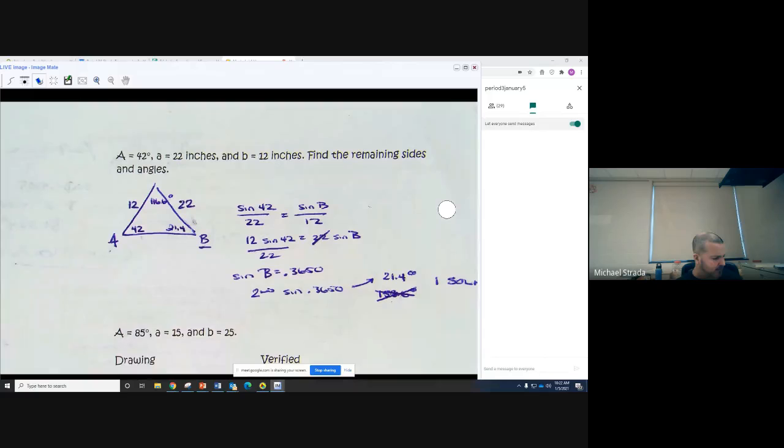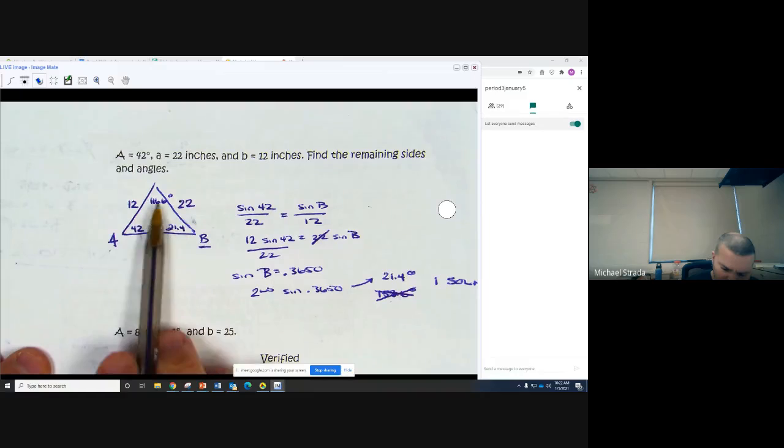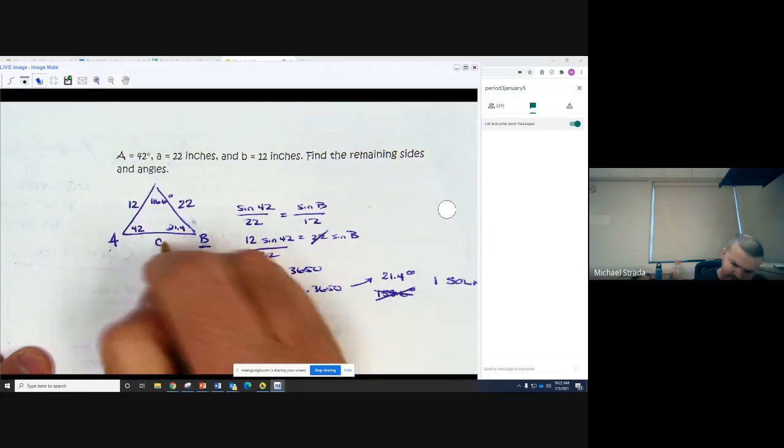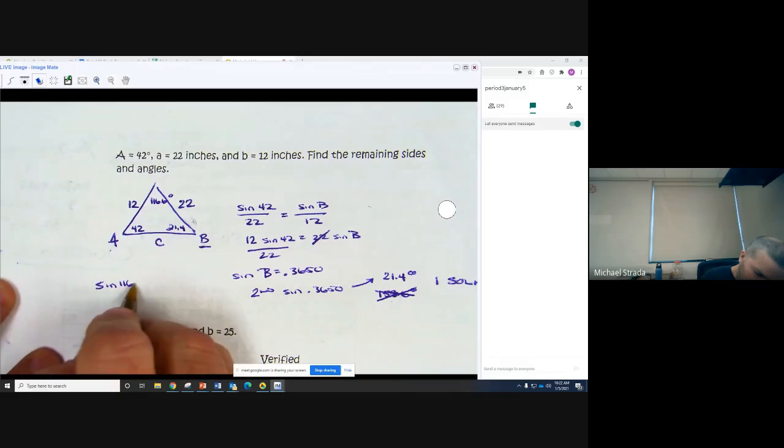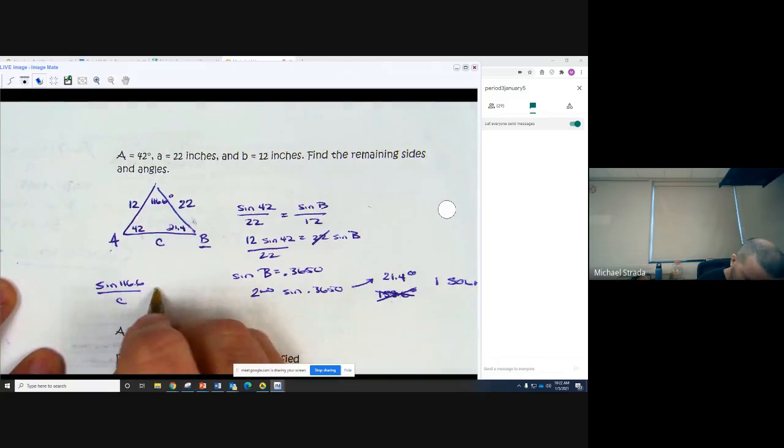So I have my three angles. I got both missing angles. Now I need to get this side. So now I'm going to use sine of 116.6 over C, the missing side, equals the sine of 42 over 22.